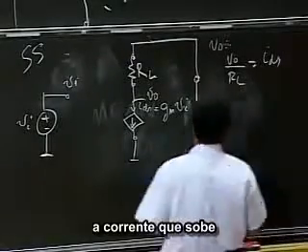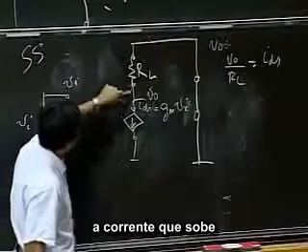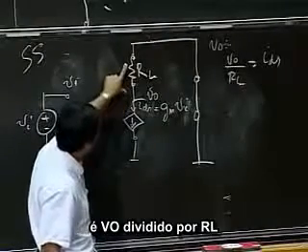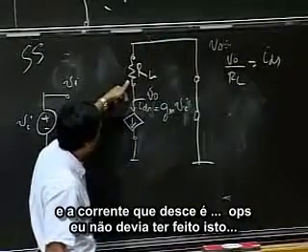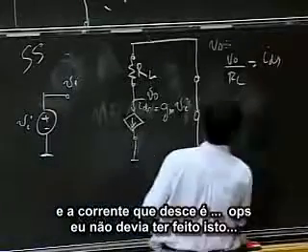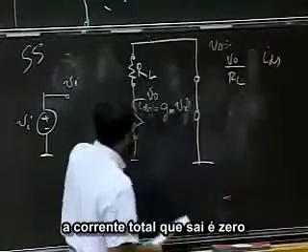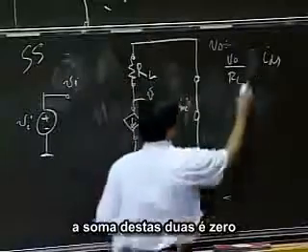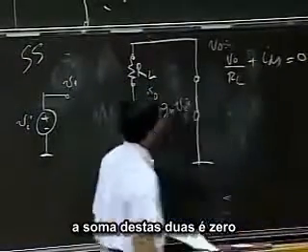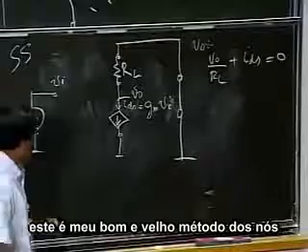Actually, the total current going out is 0, so the sum of these two is 0. That's my good old node method.